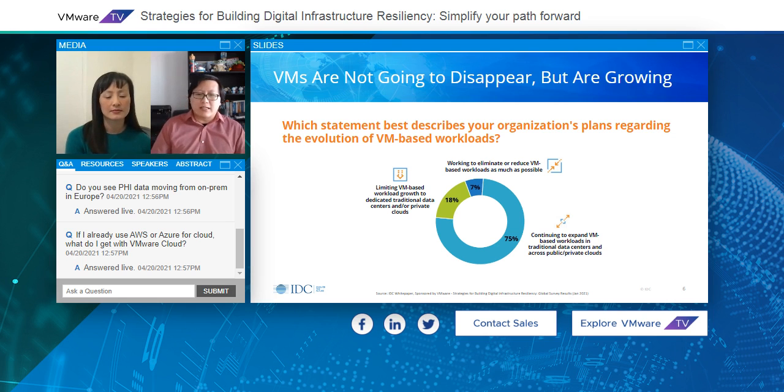So the thing is that VMs today are very, very stable, they're very mature. And over the past couple of decades, they've basically become standard for enterprises. So there's a lot of tools out there in the ecosystem. There's a lot of skills, right? Everyone knows how to work with VMs. And so it's a very mature process for deployment and management.